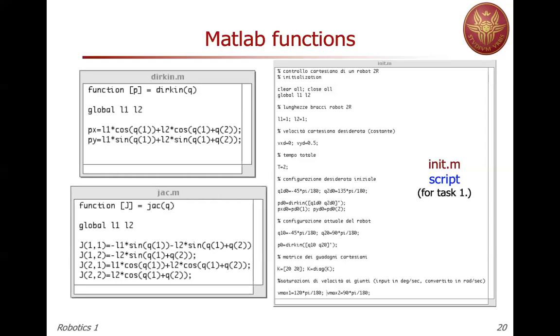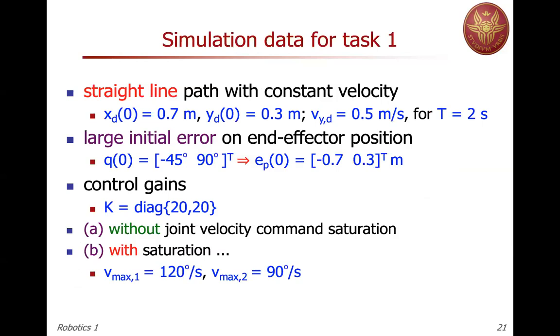So it's quite simple. So what are the data for the first task? So we have a straight line path to be traced at constant velocity that goes from an initial point x desired, y desired, which is 0.7, 0.3.